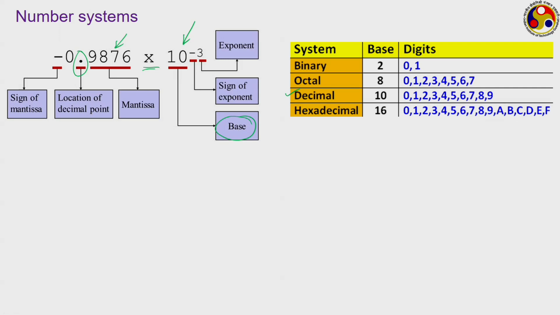So, decimal is only one of several possible number bases that we can have, but still we generally talk in terms of decimal, because that is the most common kind of number base that we deal with in our day to day life.